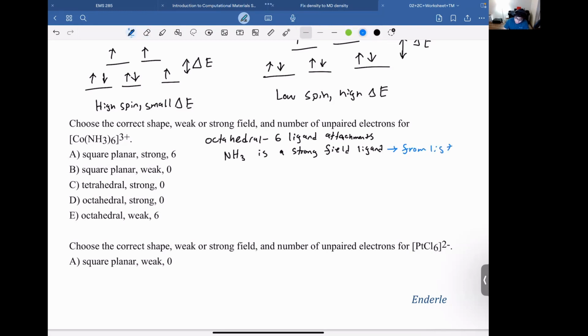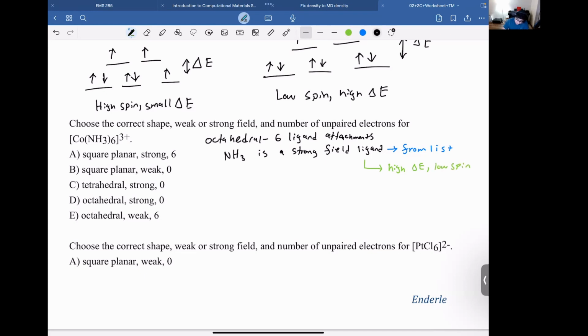Also, if it's a strong field ligand, this means that you have a high gap in energy and low spin.